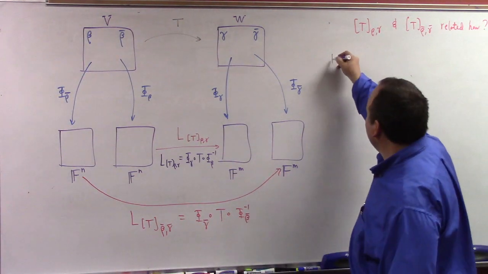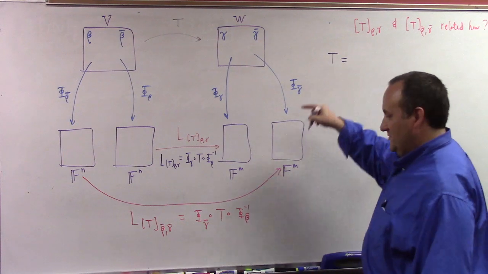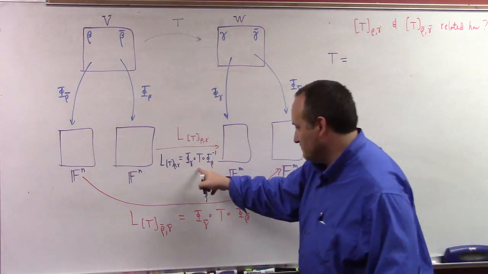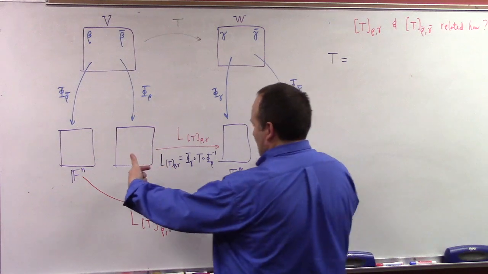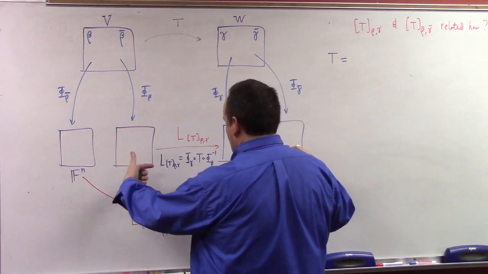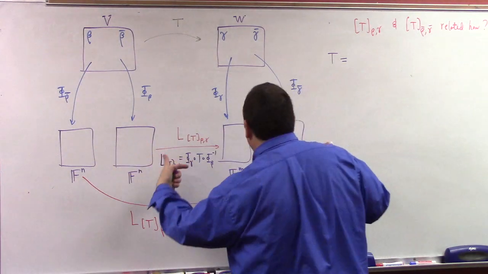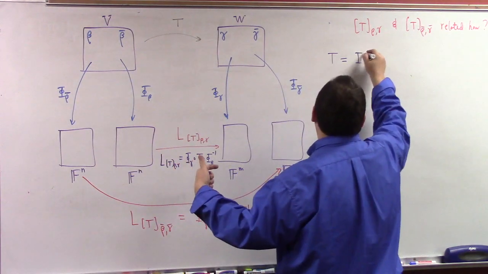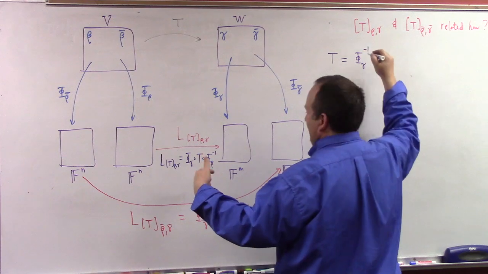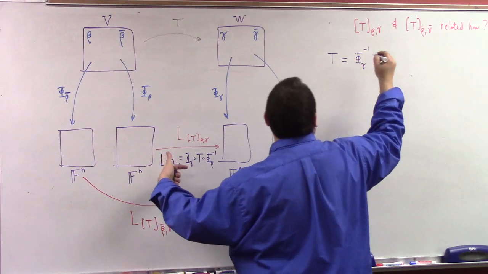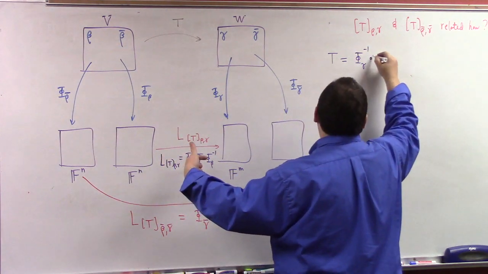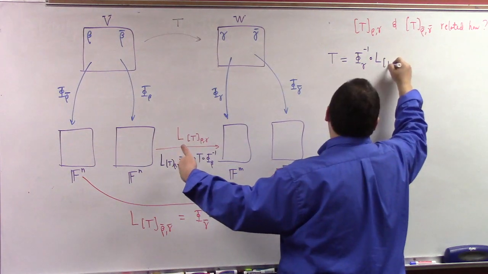See, T is equal to, well, on the one hand, I precompose, I hit it with phi gamma inverse on this side, right? Phi gamma inverse on this side, and then of course composed with L of T beta gamma.